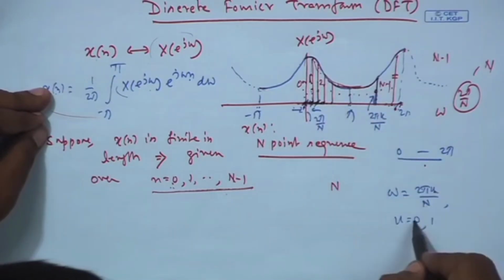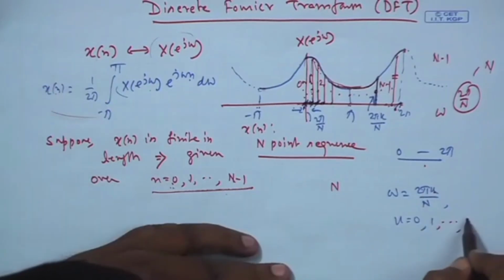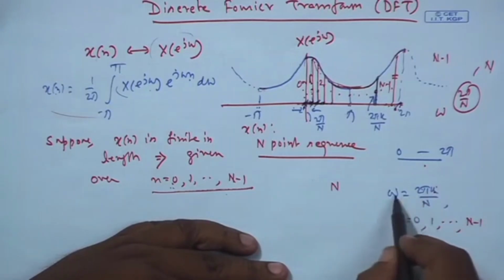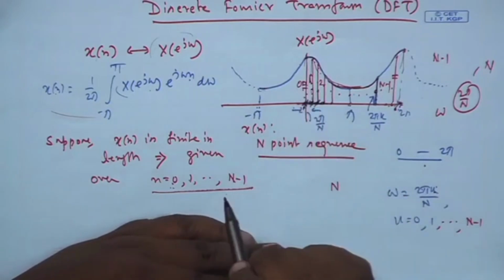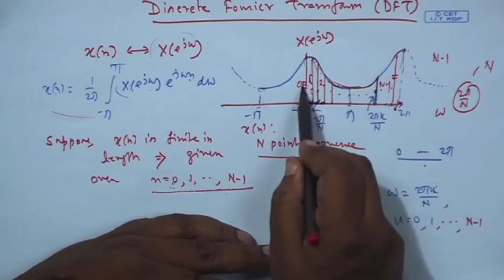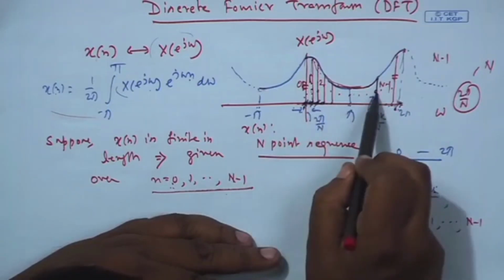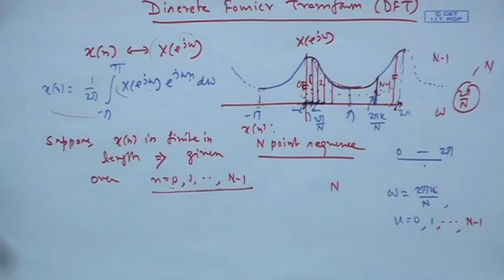So, k will be 0 for the 0th sample, k will be 1 for the first sample, up to N minus 1. If you make k equal to N, the N will cancel, omega equal to 2 pi, and 2 pi means this sample is same as the original sample. Because of periodicity, this is same as this. We will not go up to Nth, we will go up to N minus 1th sample. So, total will be 0 to N minus 1, which is N samples.